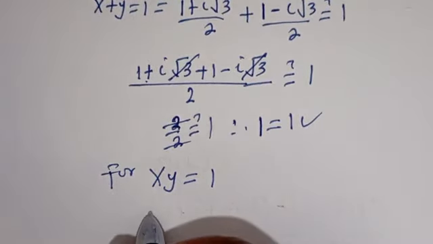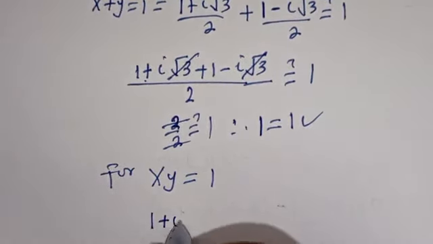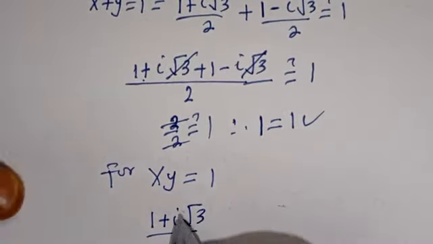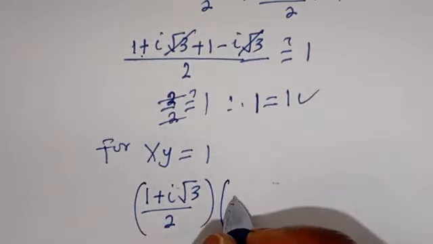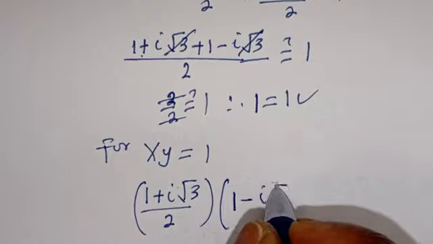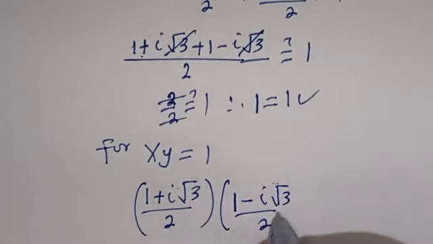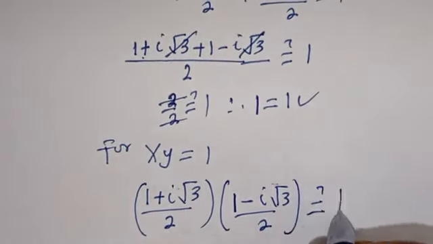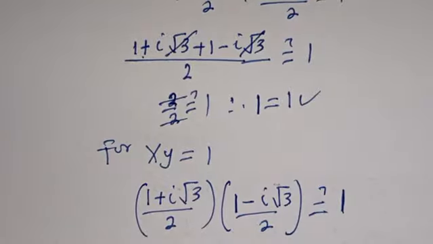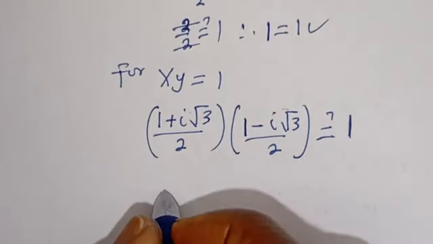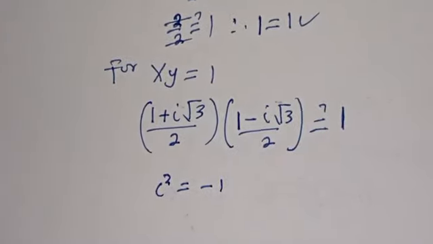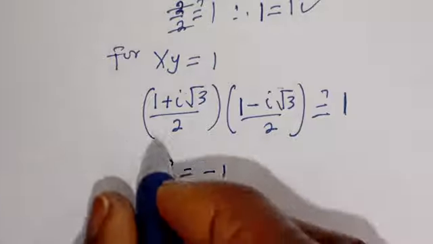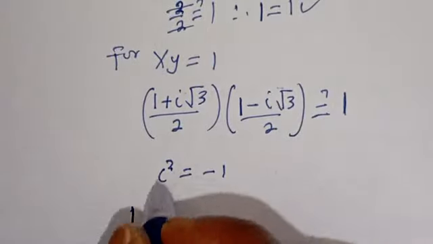then this is 1 plus i root 3 divided by 2 multiplied by 1 minus i root 3 divided by 2 must be equal to 1. Take note of this, that i square is equal to minus 1. So the whole of this can be written as 1 times 1, that is 1.